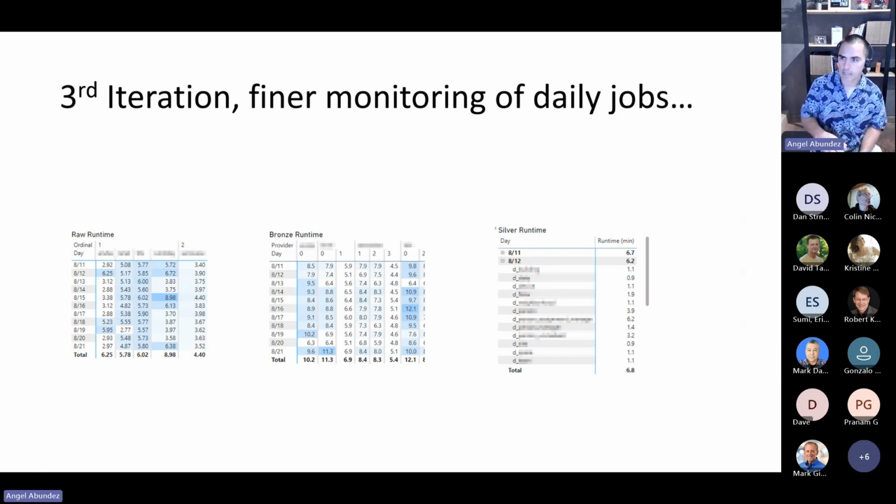I was able to take a screenshot of this, draw a red box around, hey, why is this happening? And then we know which data source is slow. We know what day it happened, and we can go just right to that. And then it might be a code change, it might be something with the vendor, but at least we know where to go.